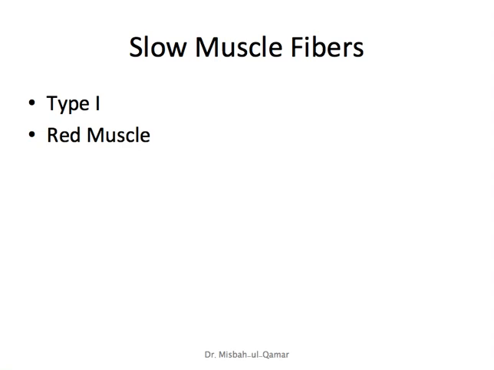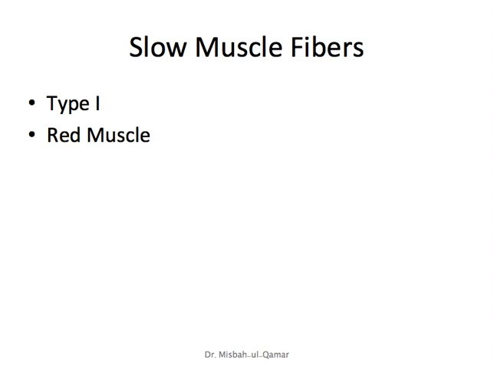Slow muscle fibers have greatly increased numbers of mitochondria to support the high levels of oxidative metabolism. Examples of slow muscle fibers are the soleus and the muscles of the back.